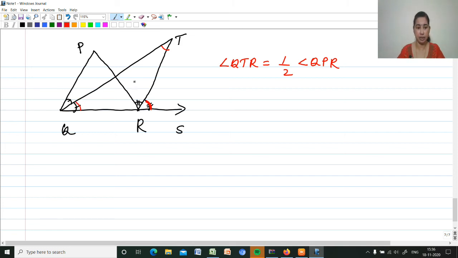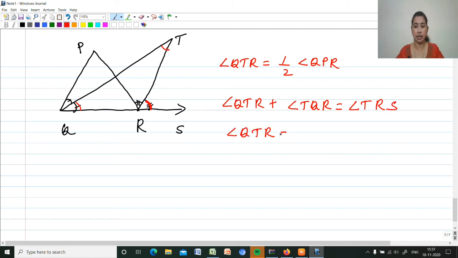So in this triangle, the sum of these two angles is the same as this exterior angle. That is, angle QTR plus angle TQR is equal to angle TRS, or angle QTR is equal to angle TRS minus angle TQR. Let it be equation number 1.